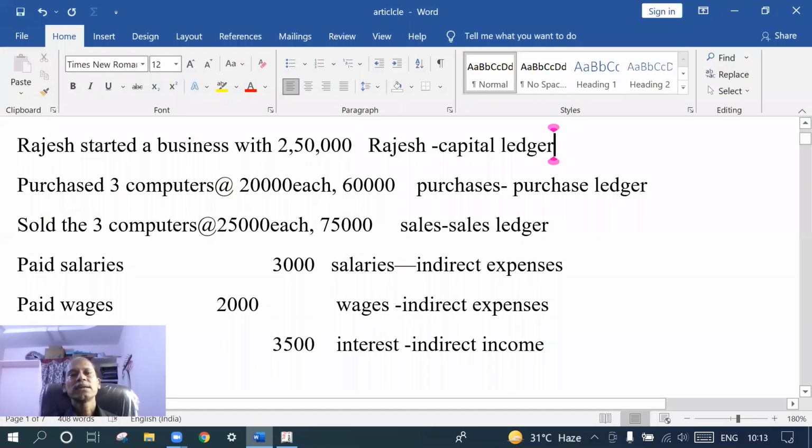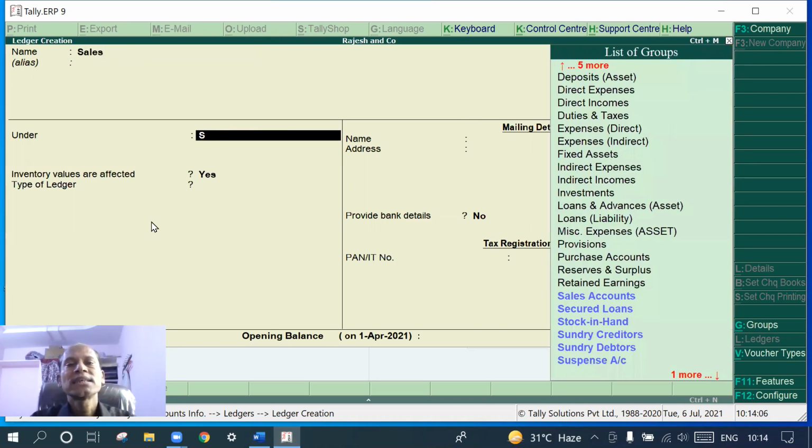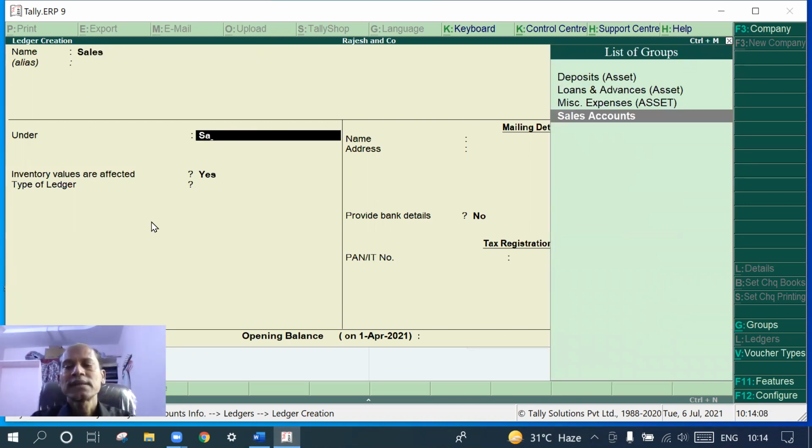The next one is sold. Sold means sales. So sales under sales account, SA. See, on the keyboard I selected SA so that the sales account can be seen beside it.